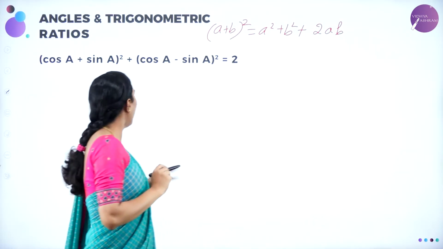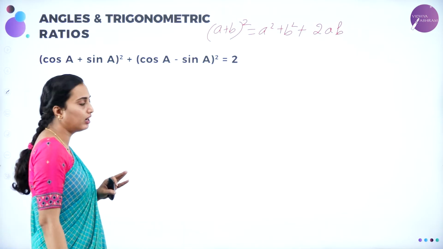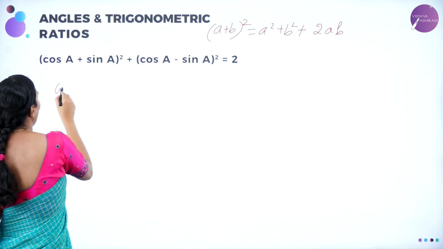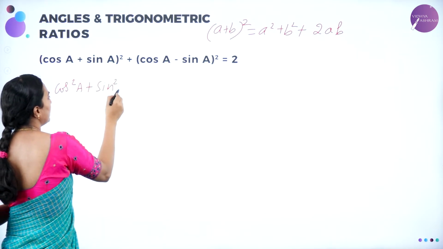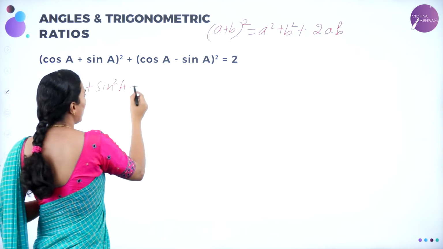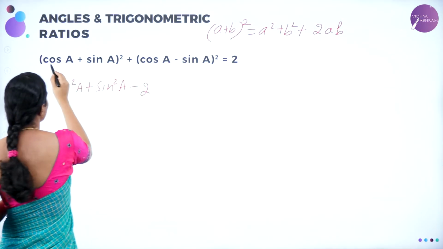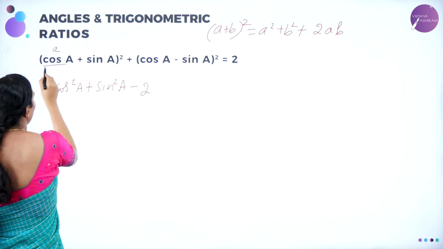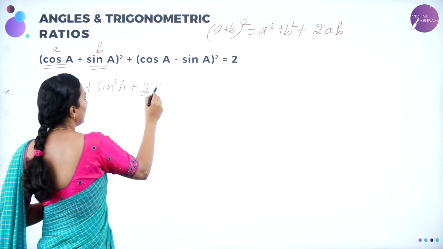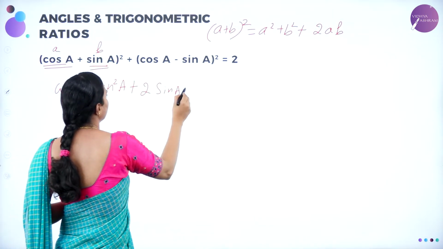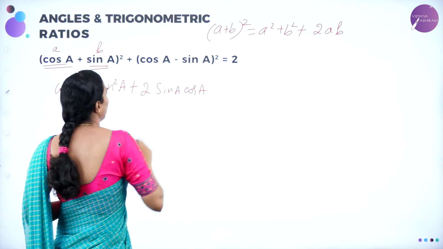Now by taking A as cos A and B as sin A here, I can write cos A whole squared as cos squared A plus sin A whole squared as sin squared A plus 2 cos A into sin A, or 2 sin A into cos A, isn't it?